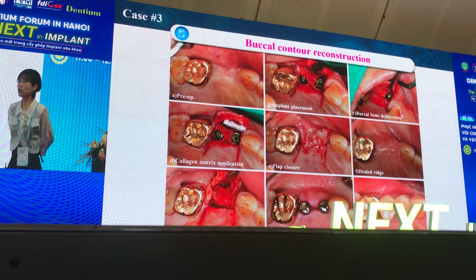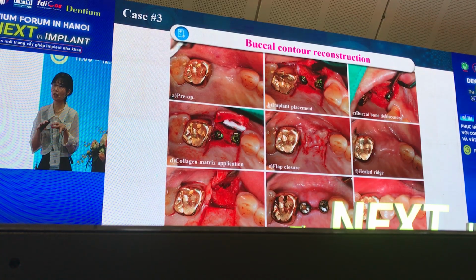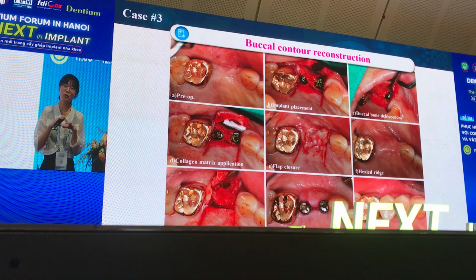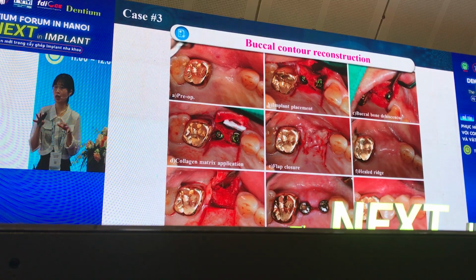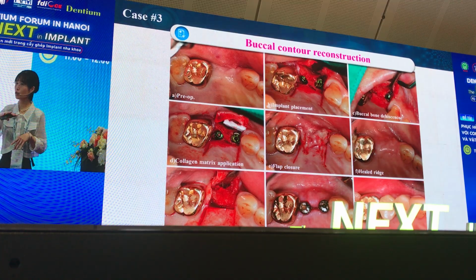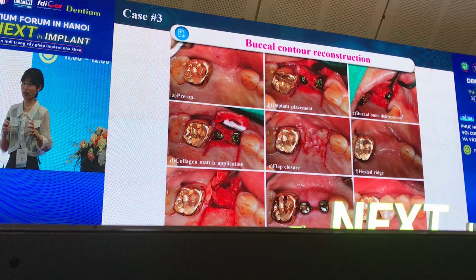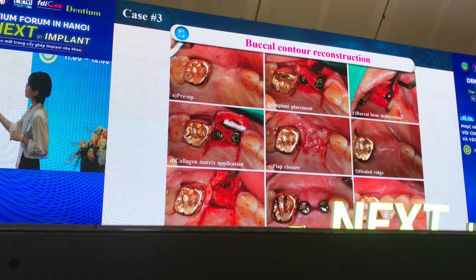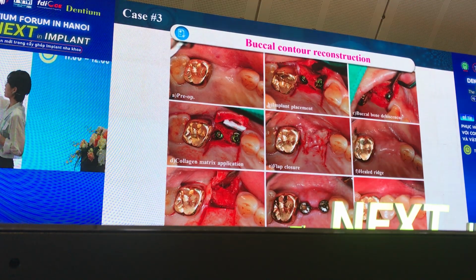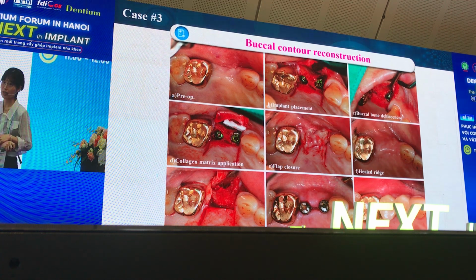Because I just applied the Collagen Graft on the outside, I did not have any chance to check whether it was just connective tissue or bone regeneration inside, so I decided to check. After placing the implant, you can see the buccal defect, right?